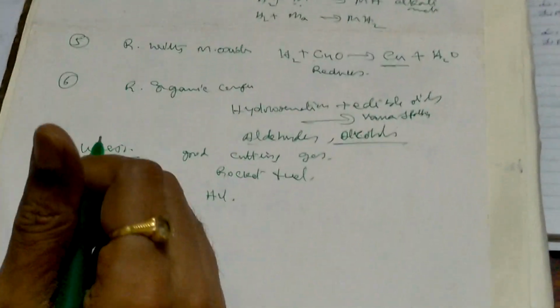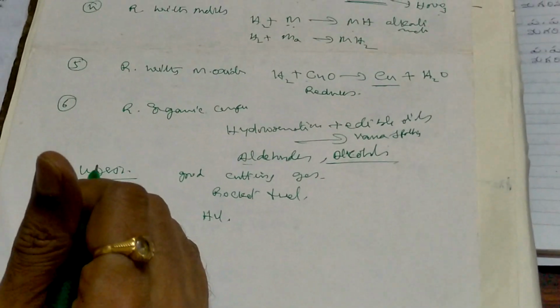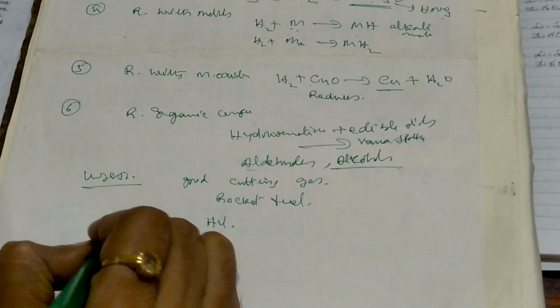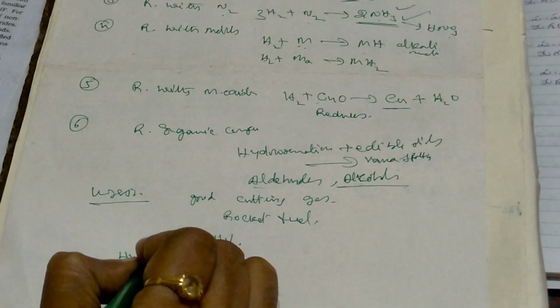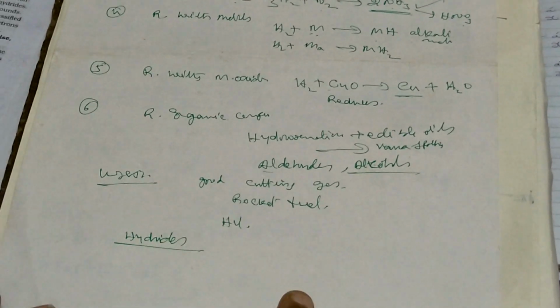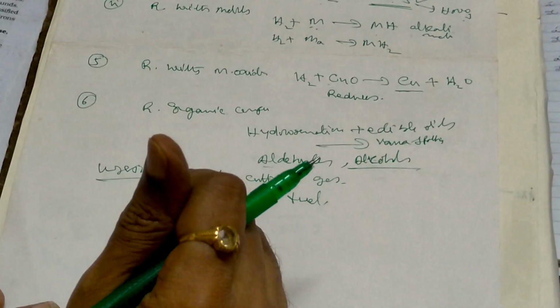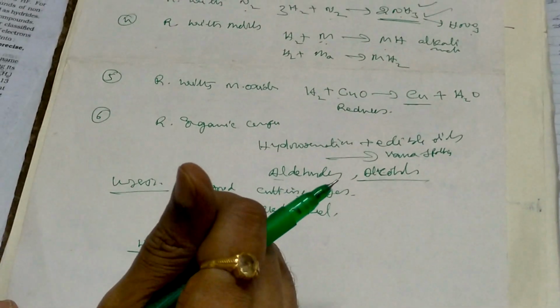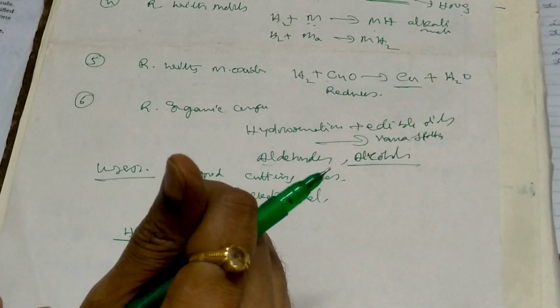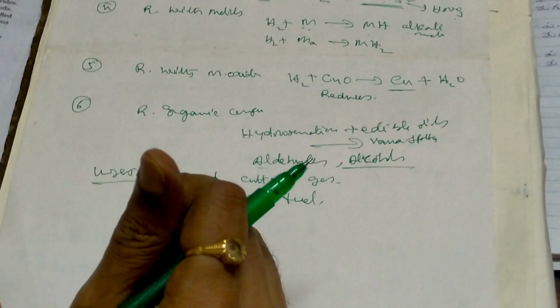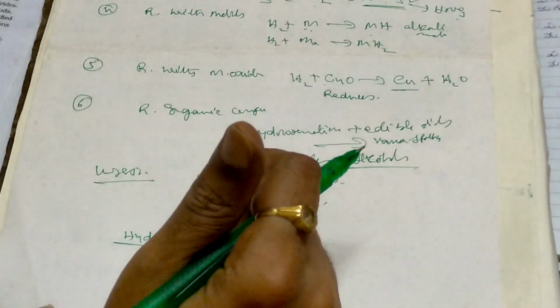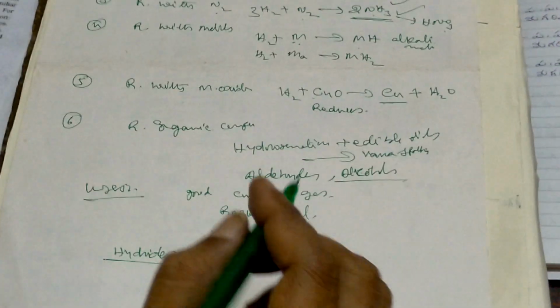Then it also forms hydrides, mainly in three forms: ionic hydrides, covalent hydrides, and metallic hydrides.